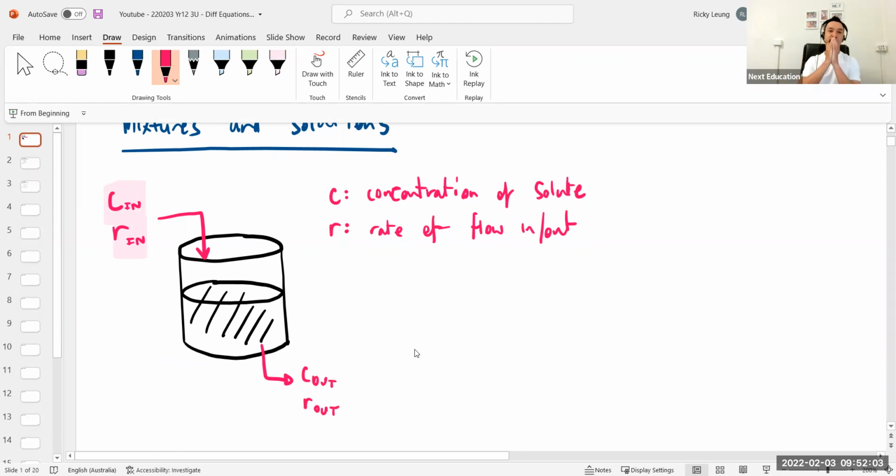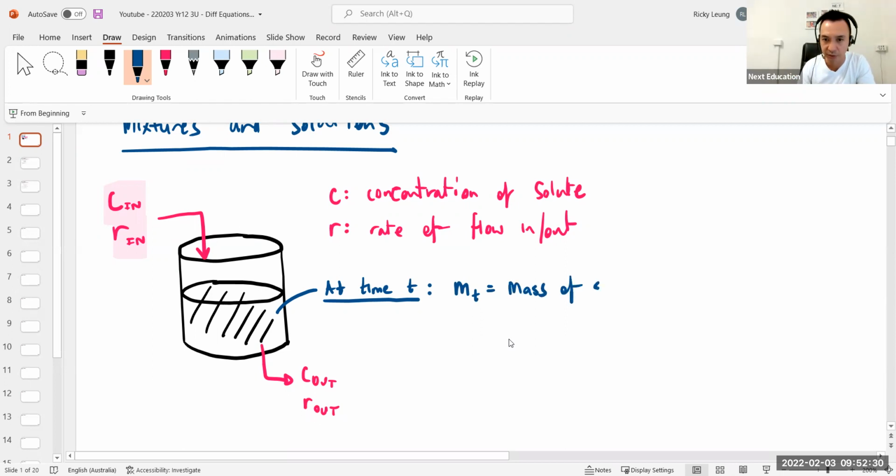Now, what's really important for you to appreciate is that at any point at time t, I'm going to define three things, and the three things are important. One, you're going to have in this mixture some sort of mass of solute, so let's say this is the mass of the salt, right? And then you're going to have some sort of volume of water.